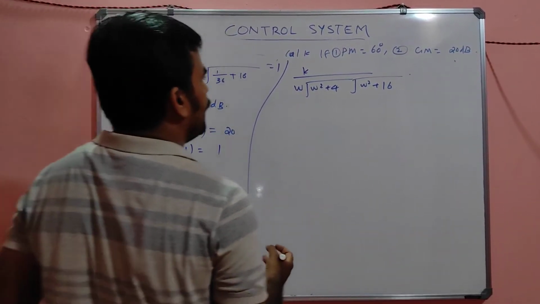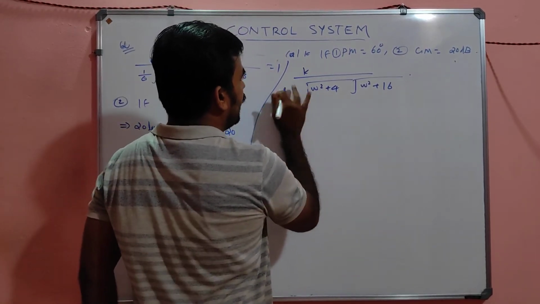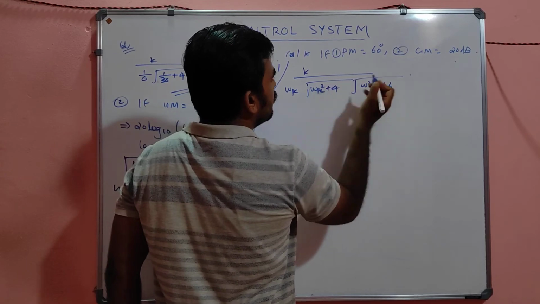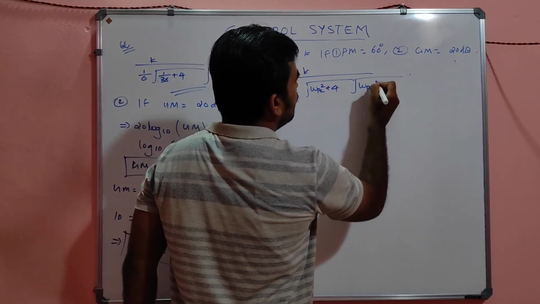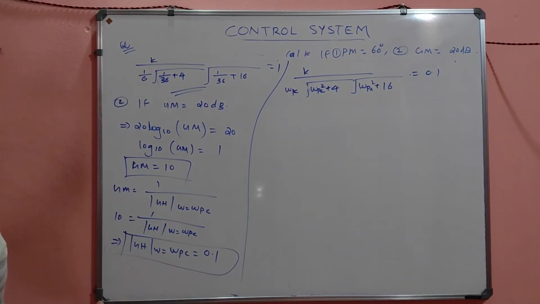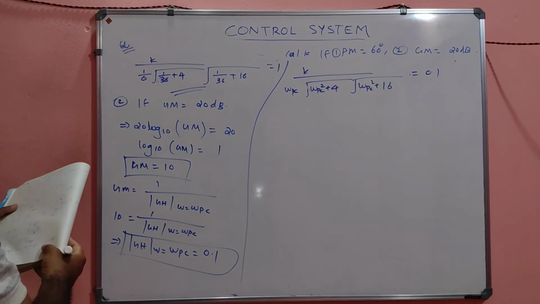At omega pc its value is 0.1, which means all of this can be put as omega pc, equal to 0.1. Okay? Is it clear, my dear?